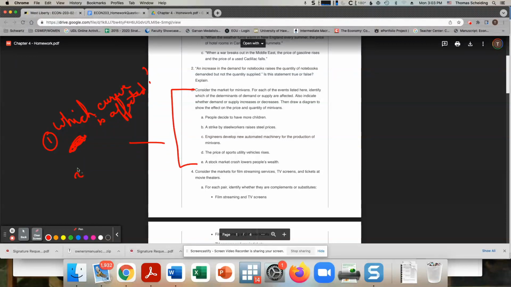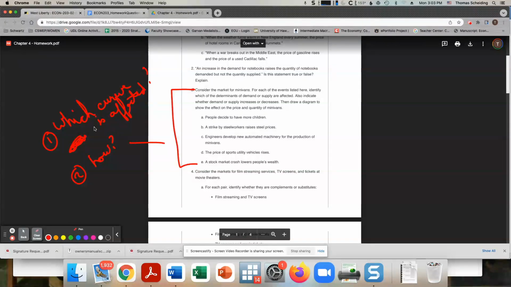That's the first question. And then two, how is it affected? Is it shifting to the left or to the right? Before you start drawing graphs and getting lost in it, it might be useful to write out on the side which curve is affected, and then we'll add an arrow.